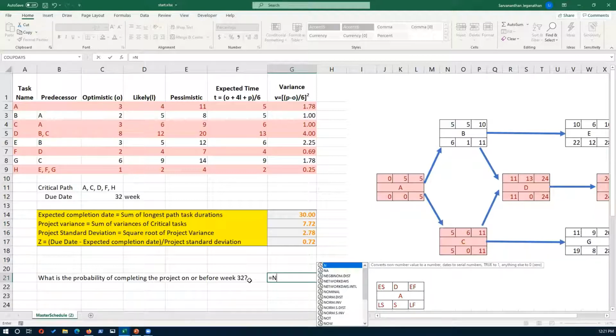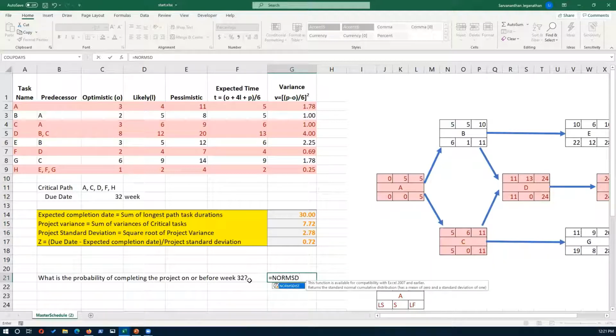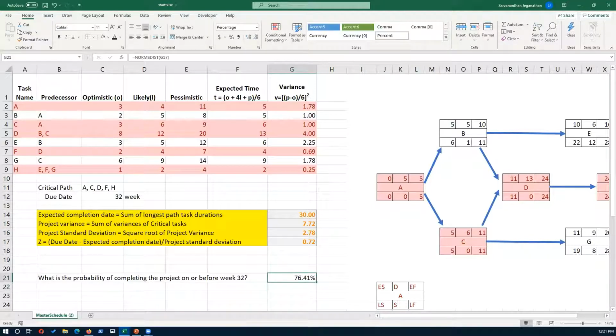So the formula that you can use on Excel is NORM.S.DIST, and that just takes the z value, which is right over here, and then that'll give you 76% chance of completing the project on or before week 32.